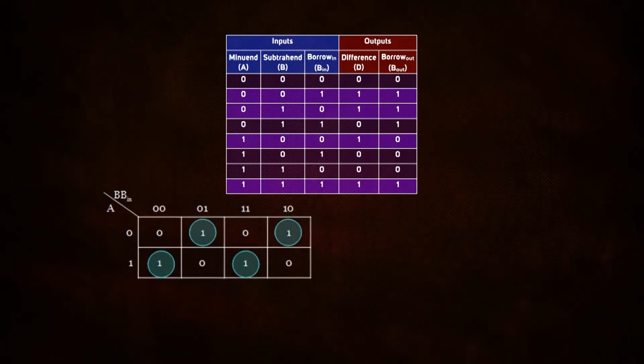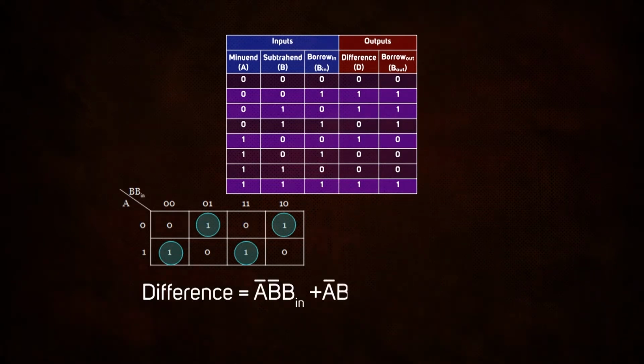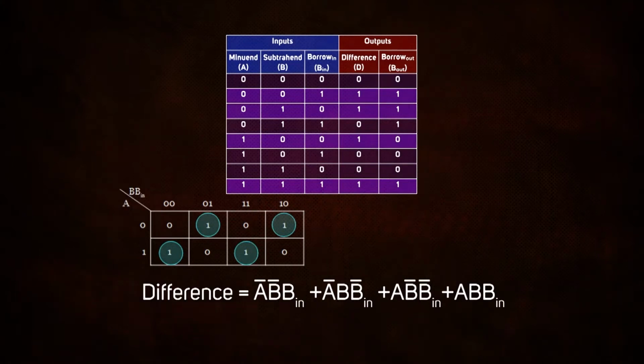So, the minimum SOP expression for difference D is A complement B complement Bin plus A complement B Bin complement plus A B complement Bin complement plus A B Bin.